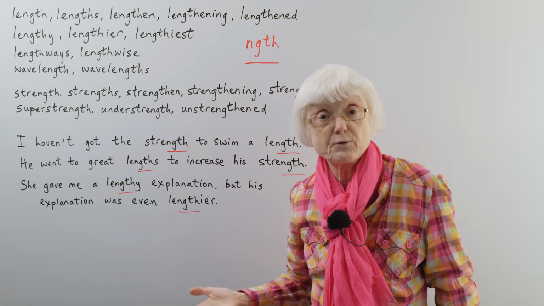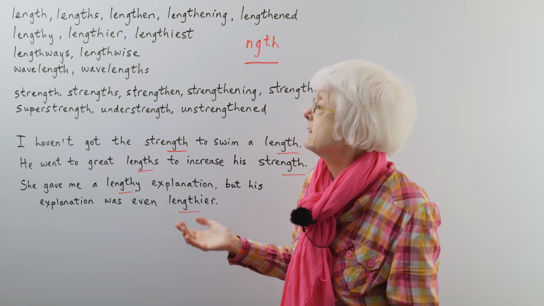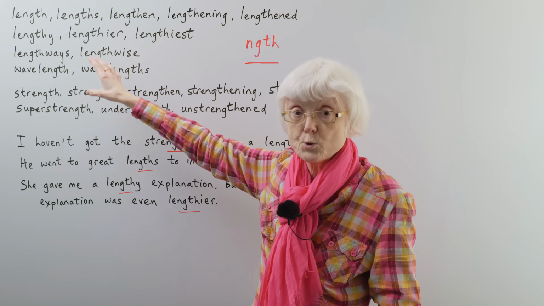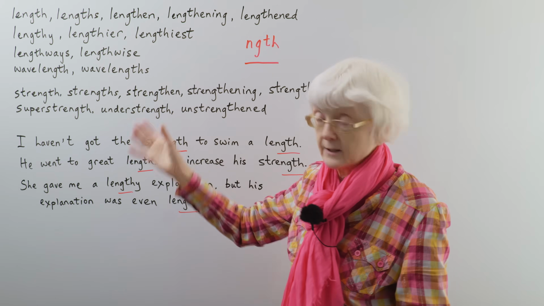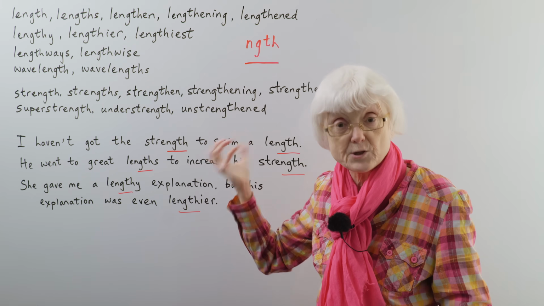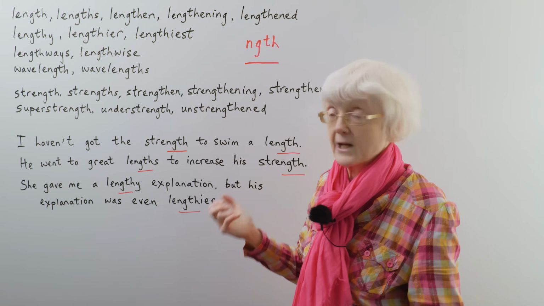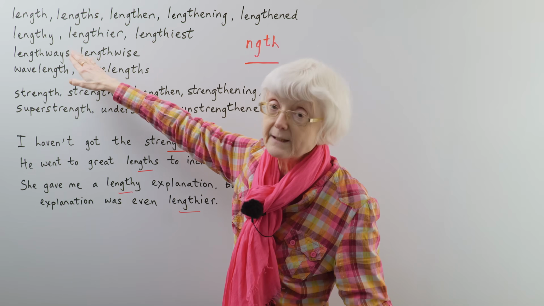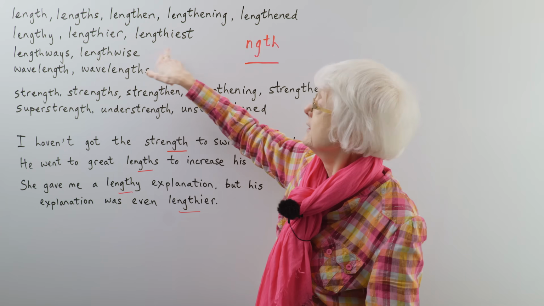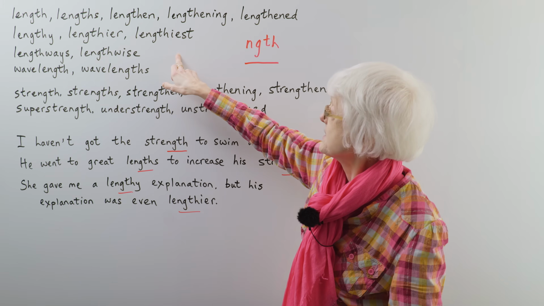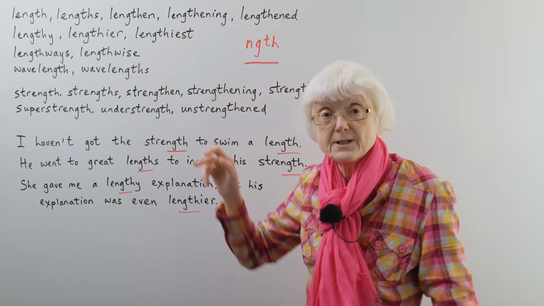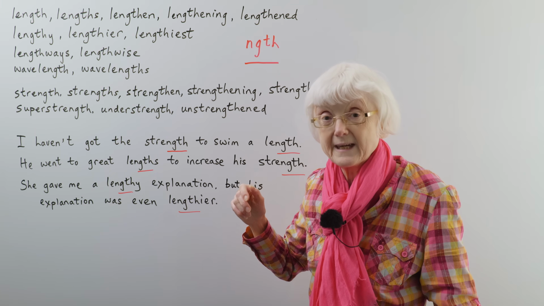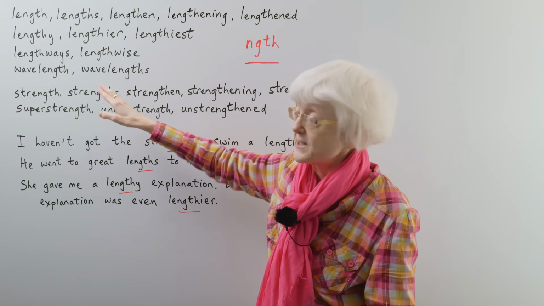So this is very good for vocabulary as well, the way one root word, length, can expand into lots of other words to help you expand your vocabulary. Okay, so lengthy, lengthier, lengthiest.